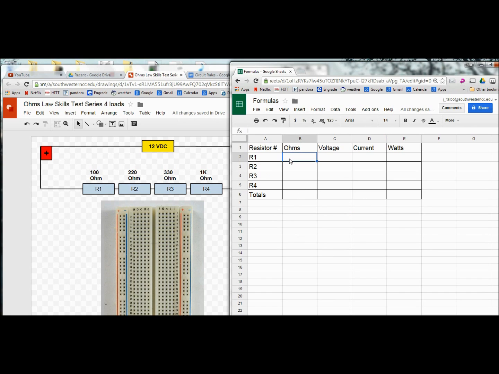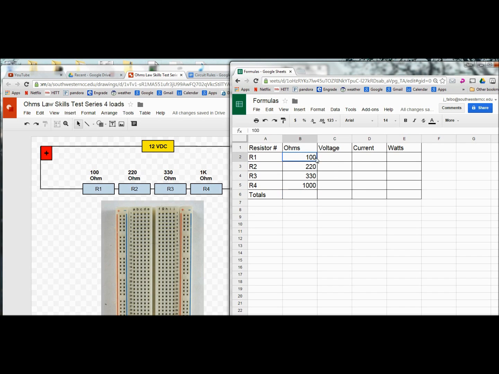So I'm going to go ahead and type in my 100, 220, 330, and 1000. Remember, 1K means 1000. Now I'd like all my numbers to be to 2 decimal places.